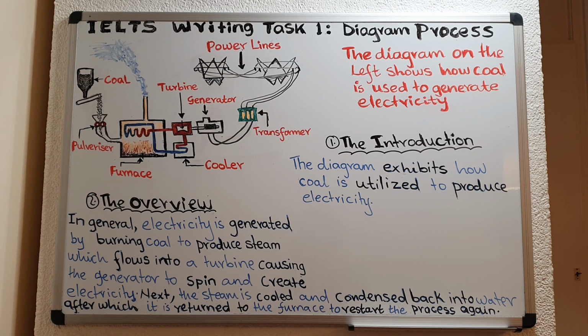But still, remember, when the examiner looks at your overview, they should know exactly what are the key steps, what are the key stages in the process of using coal to generate electricity. All the steps should be there, but you're not expected to go into details.